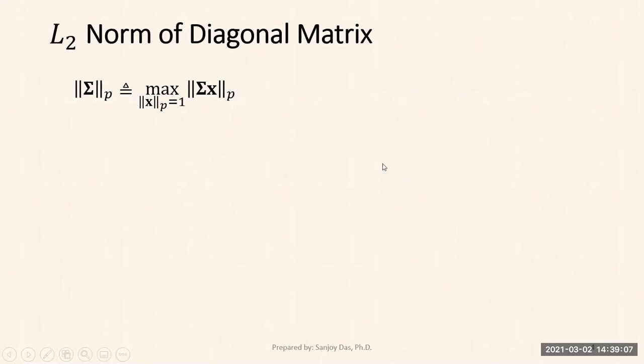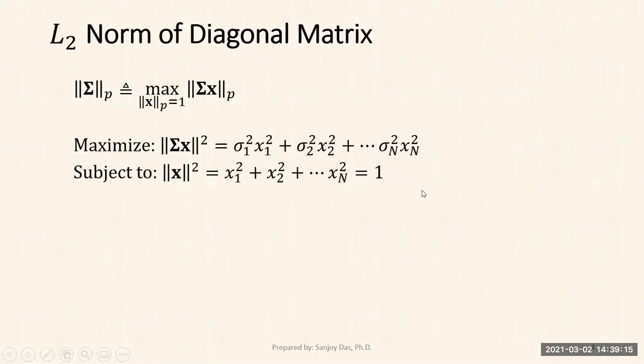I just took the definition of a matrix norm and replaced A with sigma. So here's my problem: I want to restrict myself to an x. Now I'm considering the L2 norm, so P equals 2. By default, P equals 2, the L2 norm or the Euclidean norm.